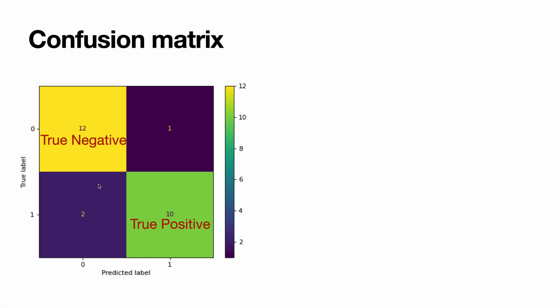Now the off diagonal is bad stuff. We don't want these. These are errors. Our machine learning system has made 3 errors here, right? 2 plus 1. So those 3 errors, they come in 2 different types. So over here we have a false negative. This is actually a positive class instance, but we have called it negative class.